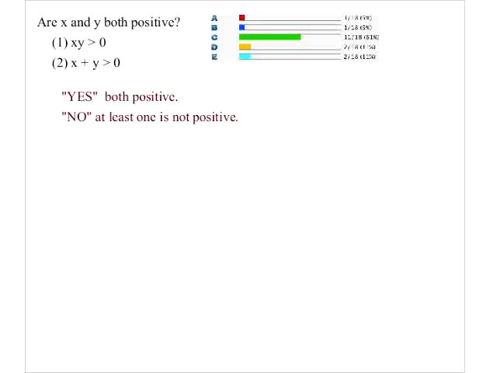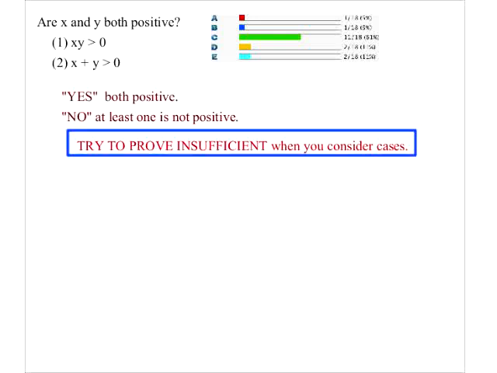Also remember that your goal here should be to try to prove insufficient when you consider cases. In other words, try to get both of these things, and if you can't, then say, okay, I guess it's sufficient. So statement 1, if xy is positive, what does this mean?